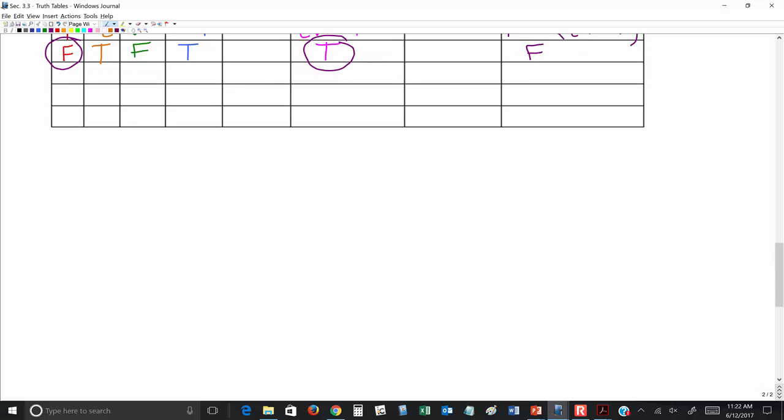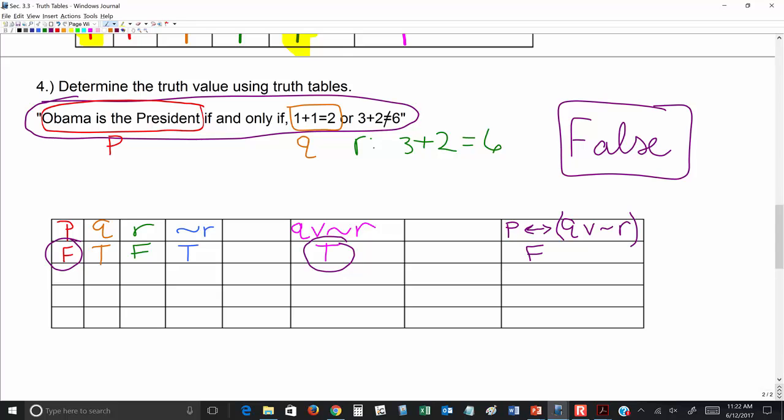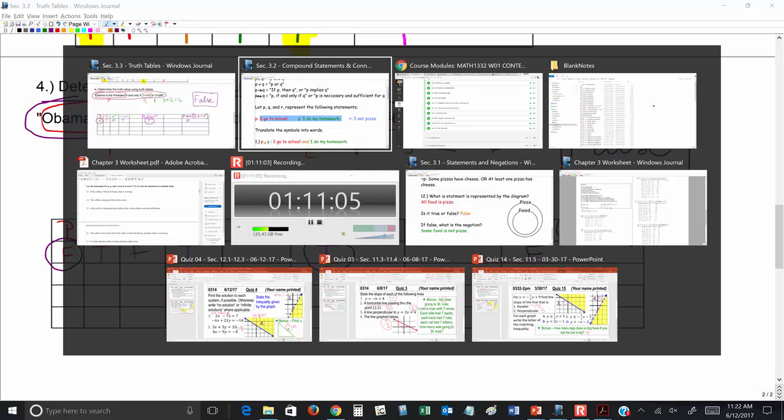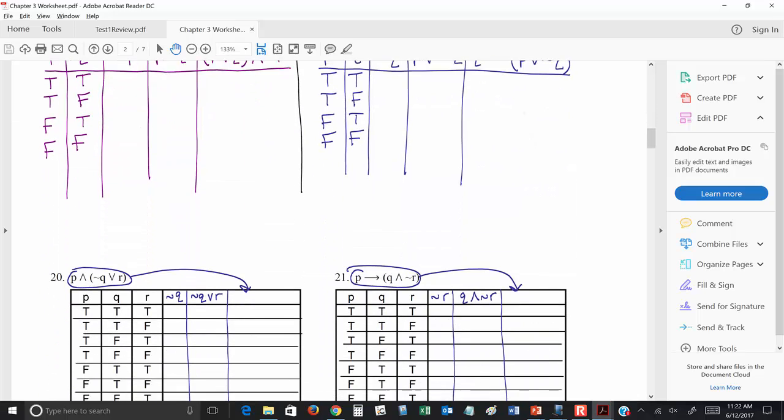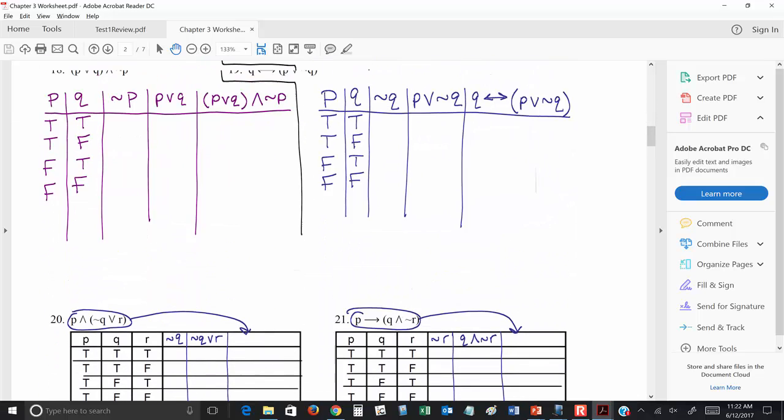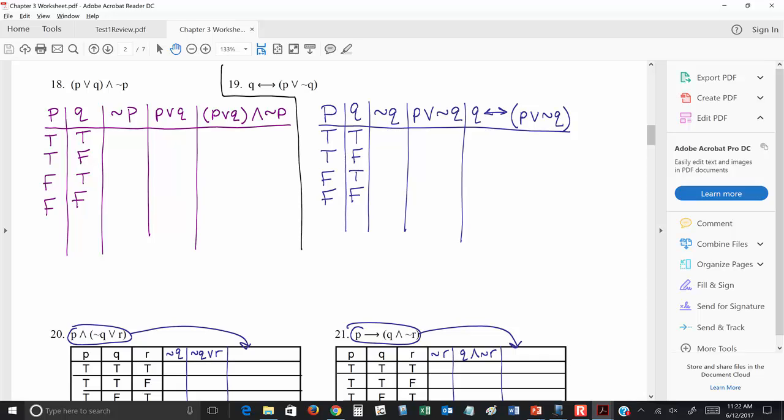Okay. So go ahead then on the worksheet. If you look on here, I've written out all that stuff for you.